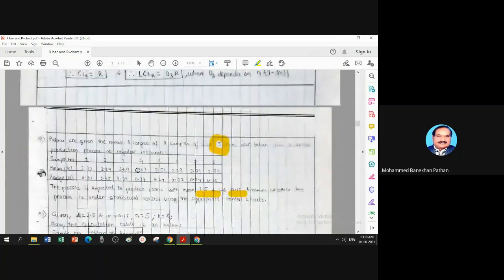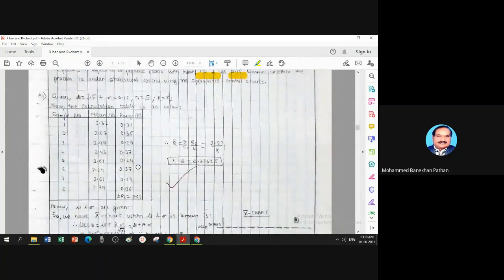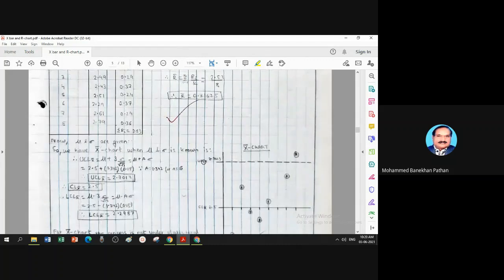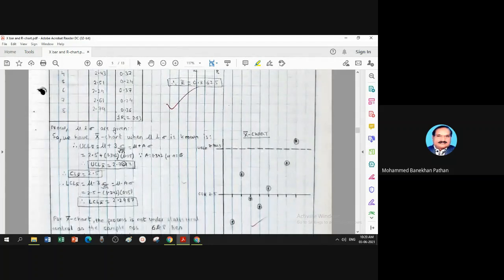After getting those limits, R bar is 2.538. Put the numbers directly: upper control limit 2.7013, central limit 2.5, and lower control limit by this formula 2.2987.